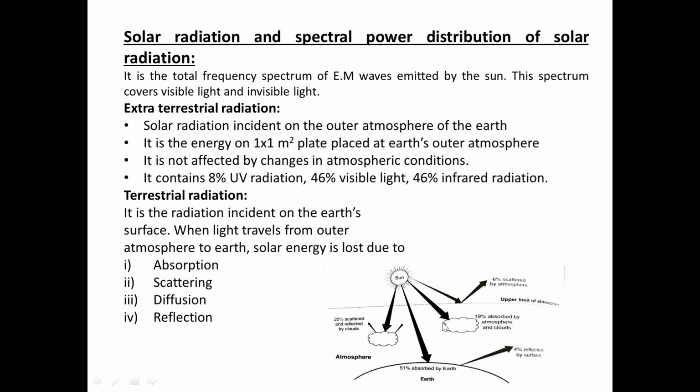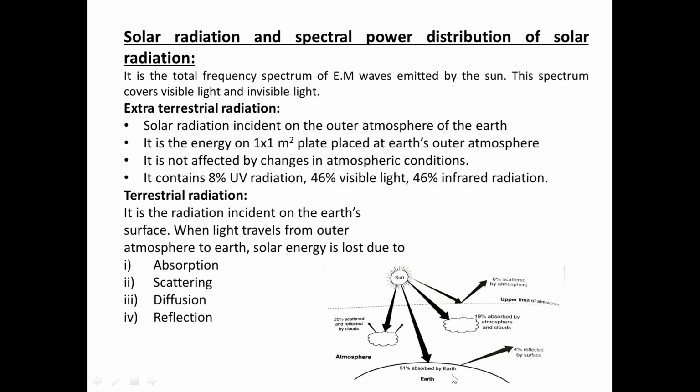Here, 6% of the radiation is scattered by the atmosphere. And 20% of the scattered light is reflected by clouds. And 19% is absorbed by the atmosphere and clouds. And 4% is reflected by the surface of the earth. So only the remaining 51% of the radiation is absorbed by the earth.